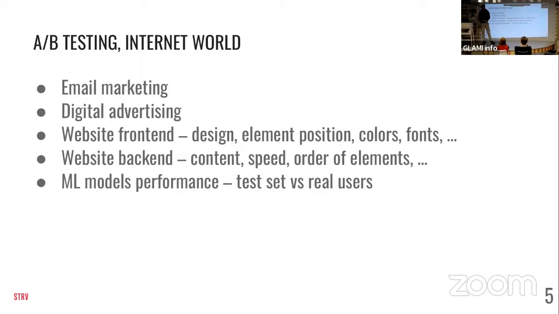We had a lot of successful models on testing data, but not so many successes with real users. And unfortunately, this is typical for the A/B testing world, that most of the experiments just fail.